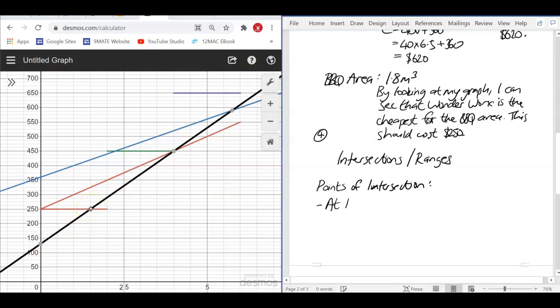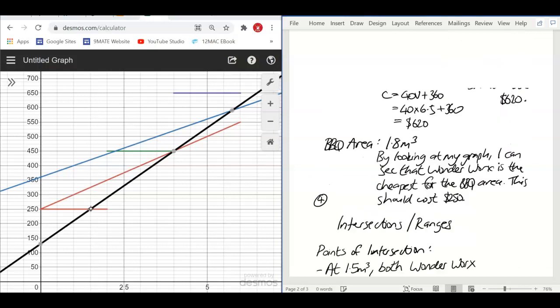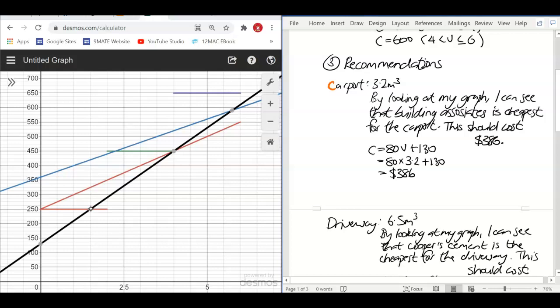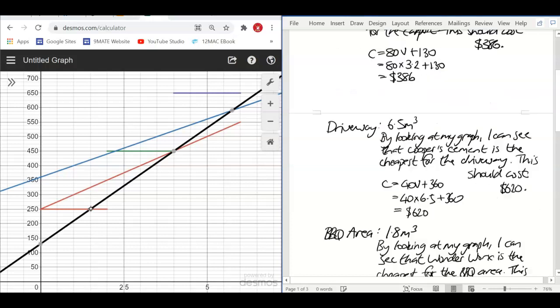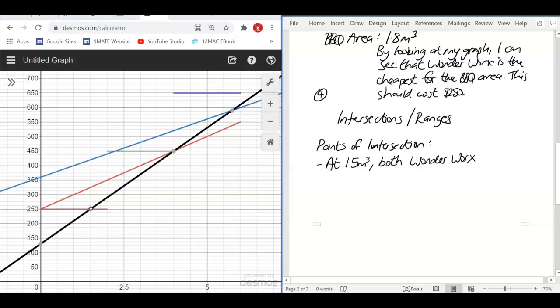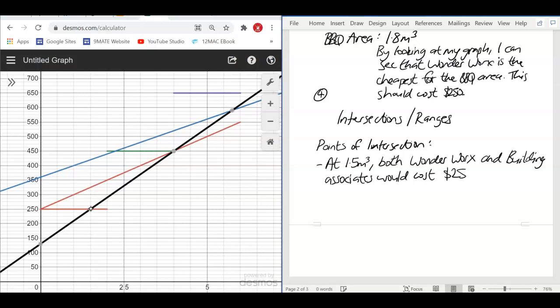So at 1.5 meters cubed, both Wonderworks, let's quickly see who that other company is. So they start at 130. So that company would have been the Building Associates. So both Wonderworks and Building Associates would cost, and in this case, they're both going to cost $250.